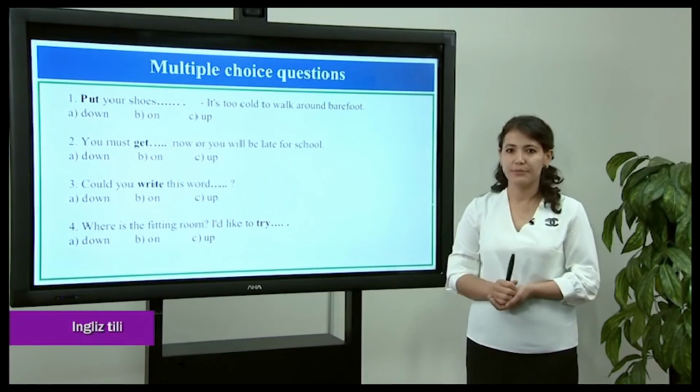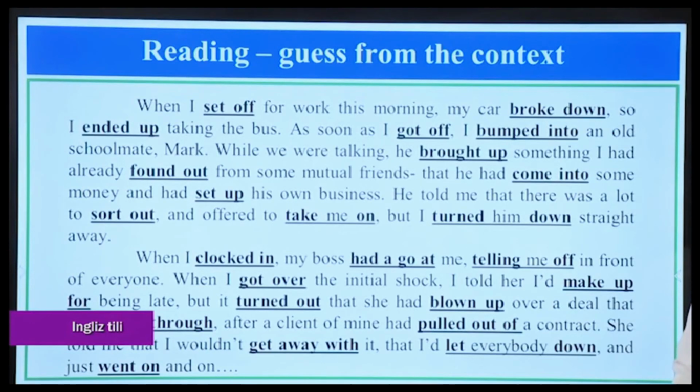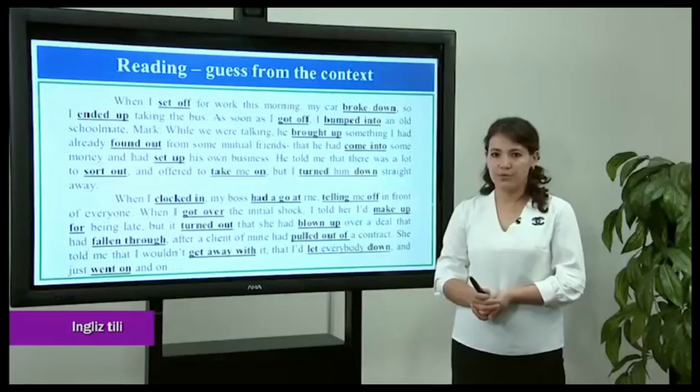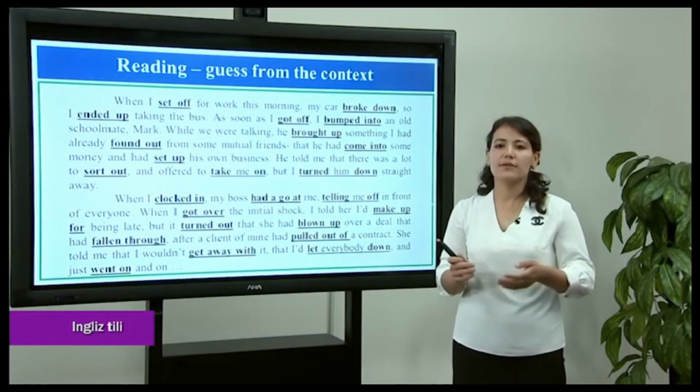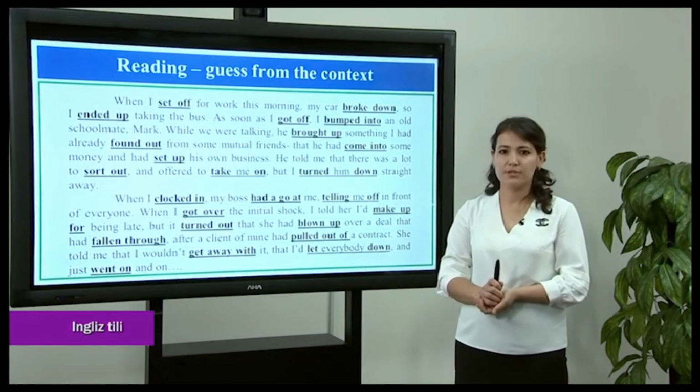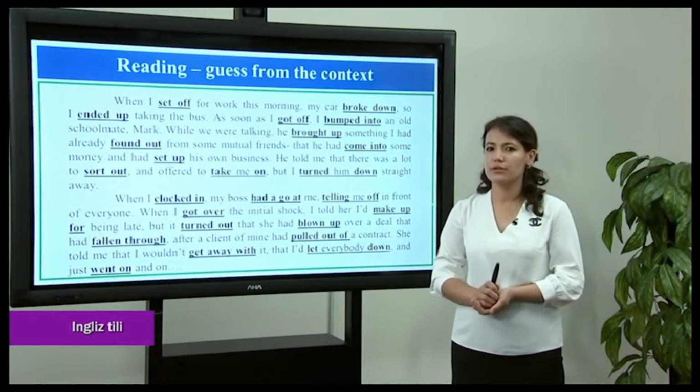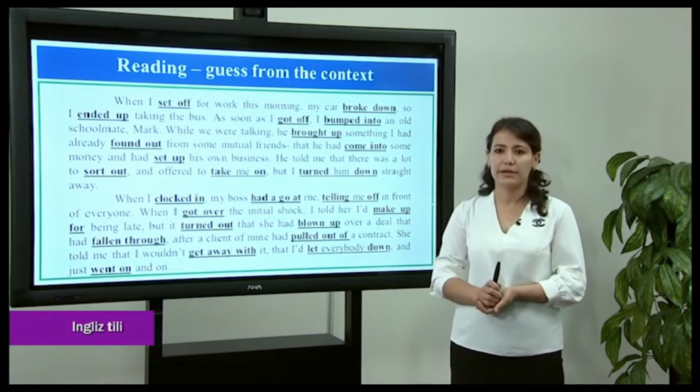The next type of exercise that you can do with your pupils is guessing from the context. As I have mentioned before, English has a variety of phrasal verbs, and it is really difficult to learn all of them by heart.